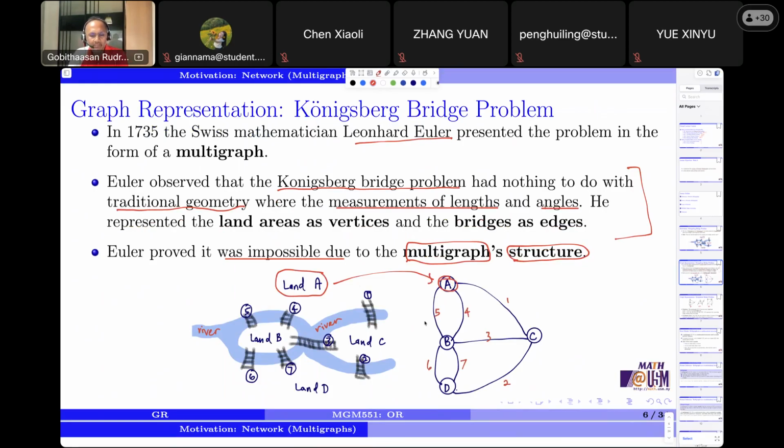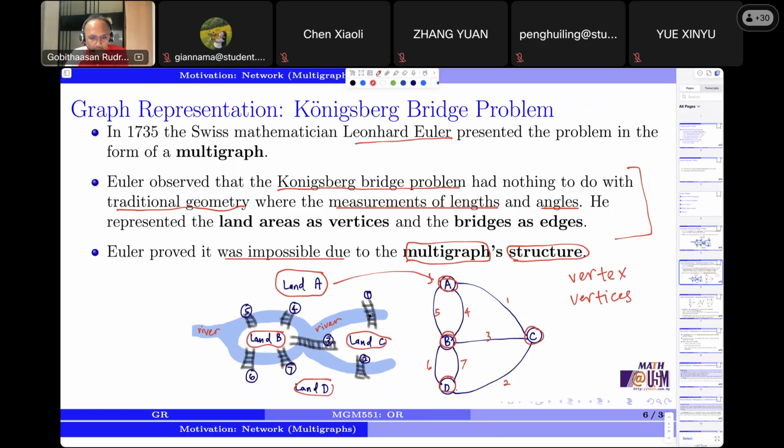Land A is vertex A, land B is another vertex, land C another vertex, land D another vertex. So we have altogether 4 vertices. One is a vertex, plural is vertices.